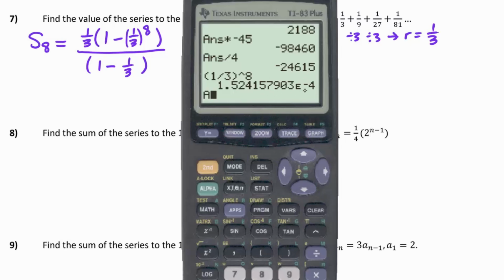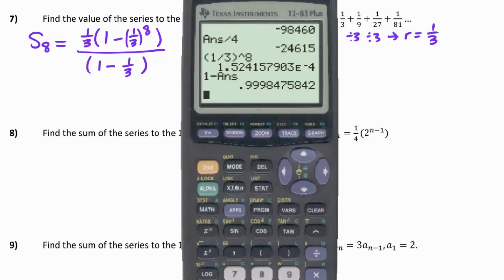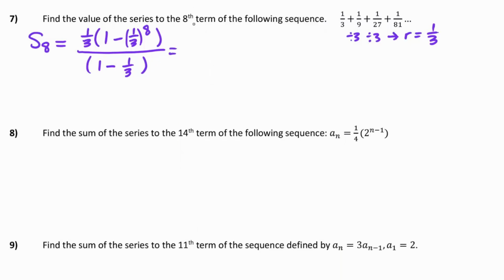It actually has scientific notation. E to the -4 is times 10 to the -4th power, so I need to move that decimal place 4 spots to the left. Now if I take 1 and subtract that answer, I'm getting 0.99987.